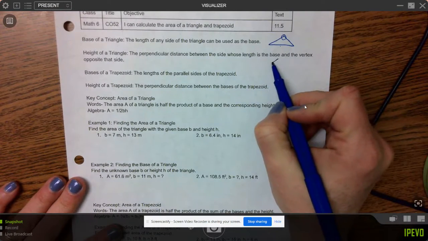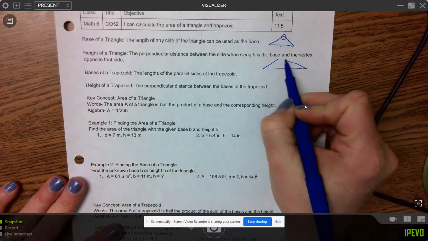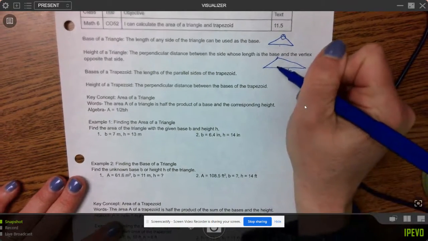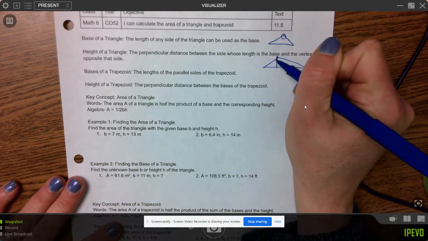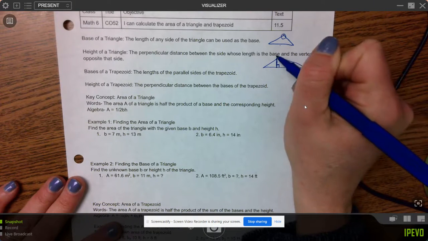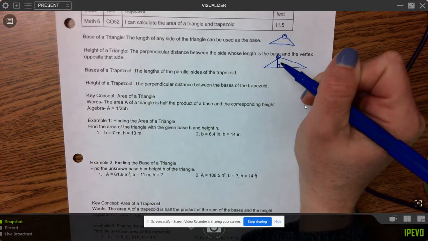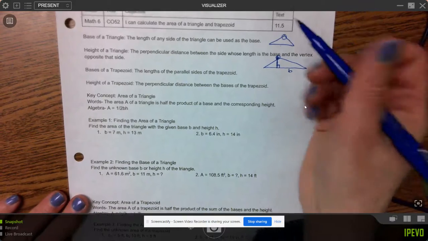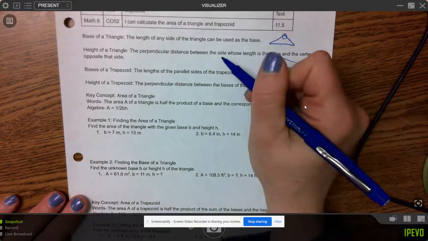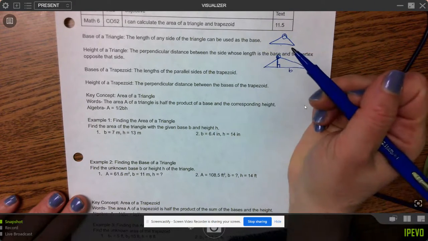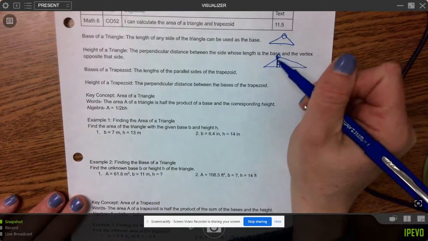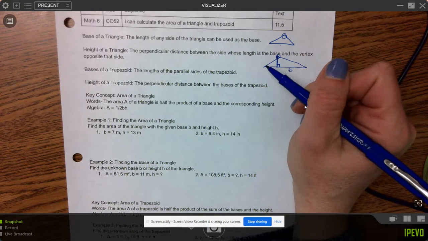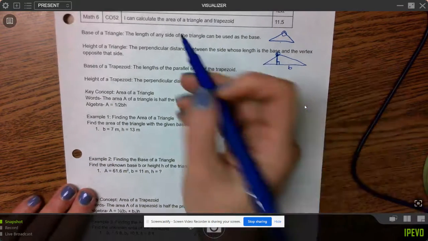So if we're going to use a triangle like this, and we're going to call the bottom one our base, we want to go straight up that perpendicular line. So we have a right angle here to that vertex where the angle is. Sometimes we might have to do the height outside of the triangle instead of inside of the triangle.